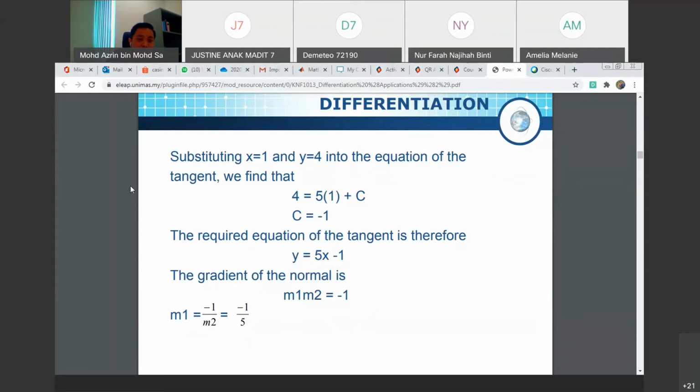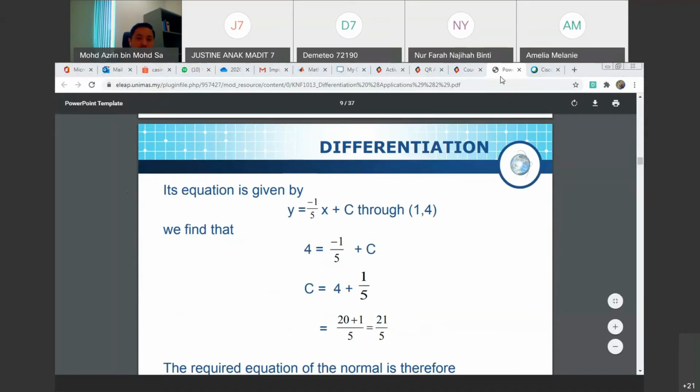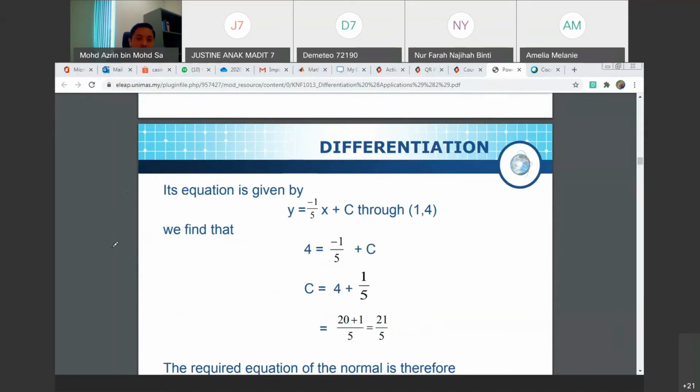Directly you will get the same also here. You need to find the value of c. So when y is 4 and x is 1, then you will get c is equal to 21 over 5.